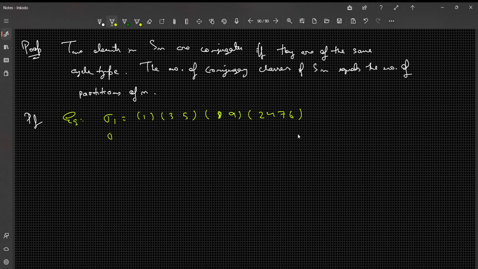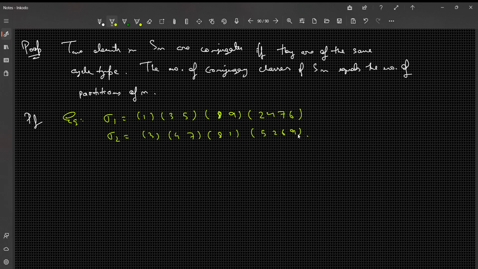Clear? And sigma 2 has the cycles, let's say, 3, 4, 7, 8, 1 and 5, 2, 6, 9. So it's utterly obvious that sigma 1 and sigma 2 have the same cycle type.